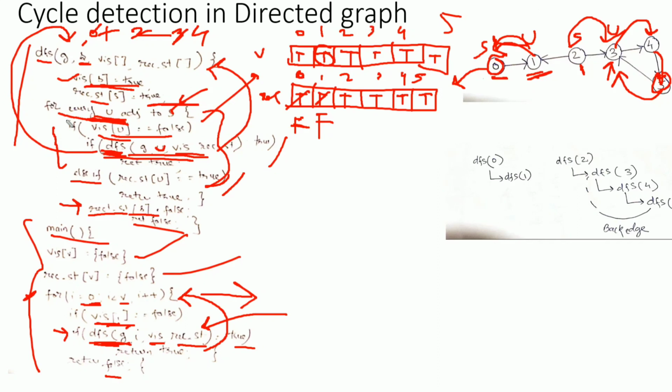It means that this one will not execute. Now control will come to else if. Now we check the recursion stack of index 3, this u is 3. Recursion stack of 3 is true. Yes, it is true. So if it is true, return true.